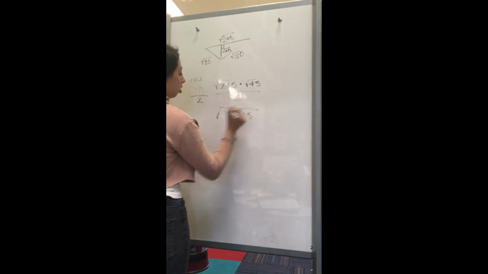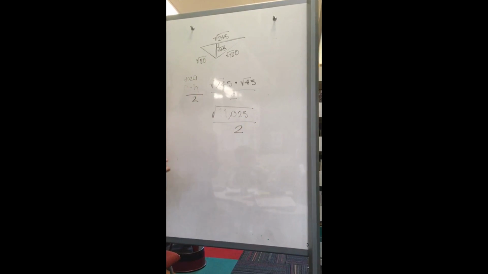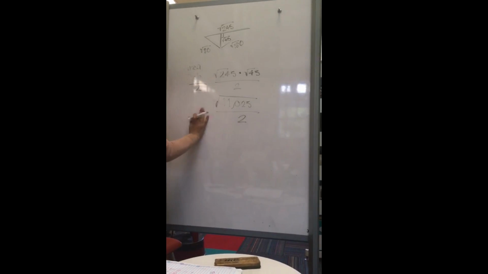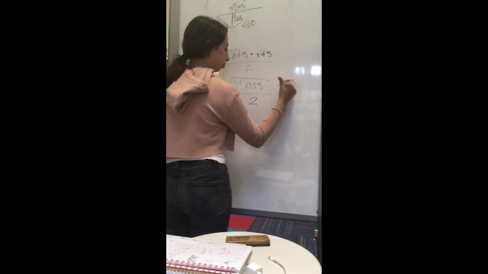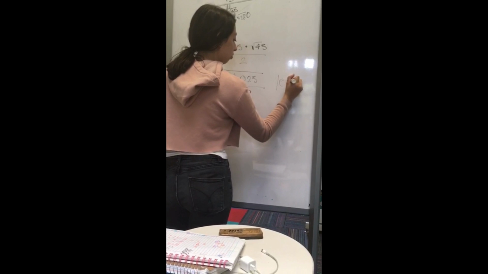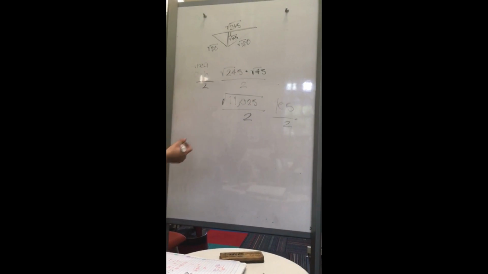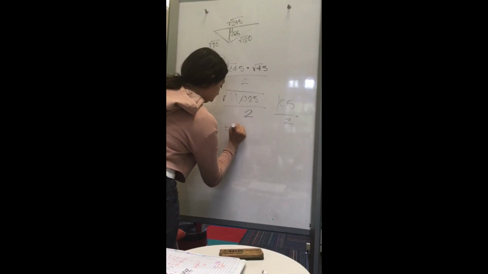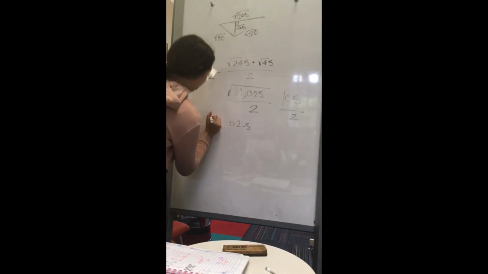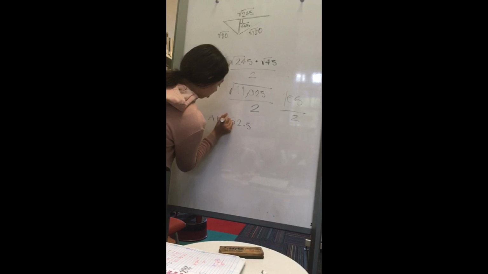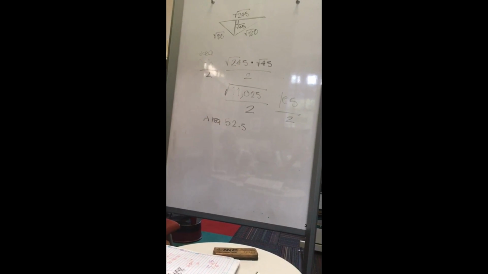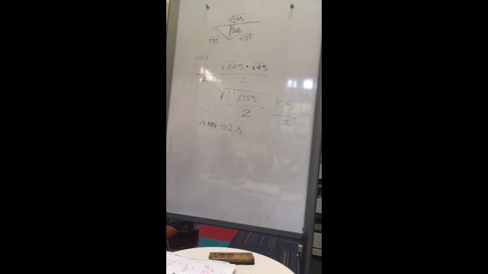So that is 105 over 2, which is 52.5. So the area is equal to 52.5. And I'm good.